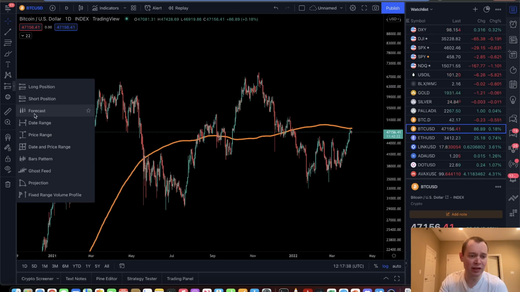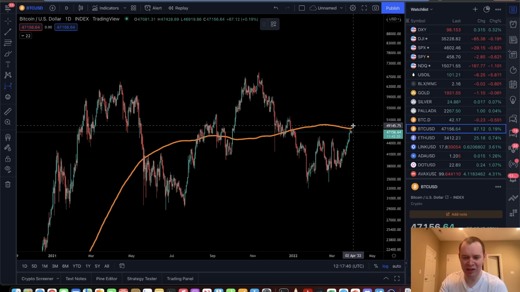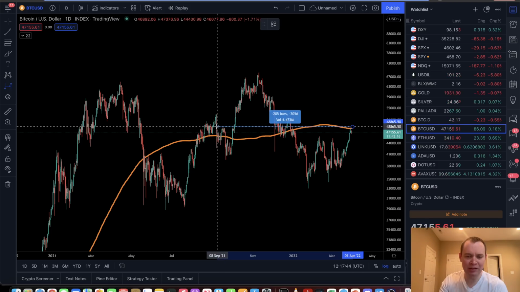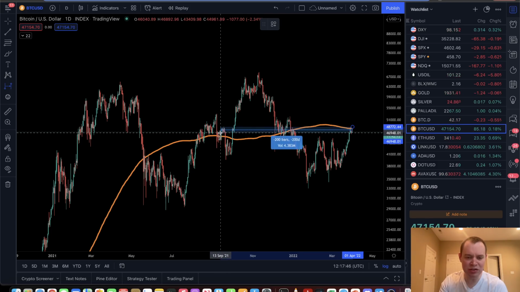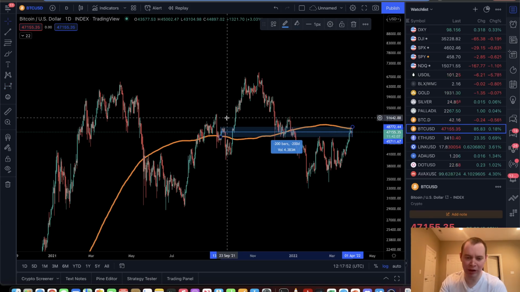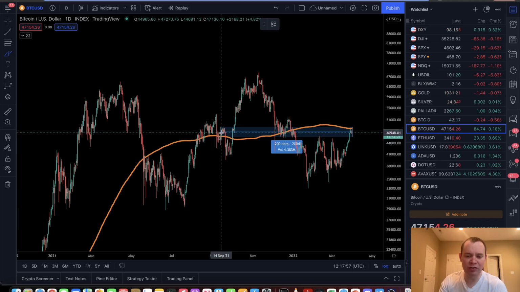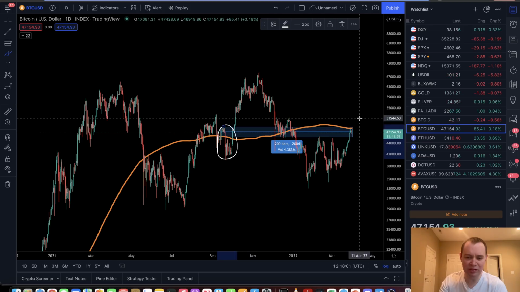Now, it's always useful to get an idea of what this moving average will be doing over the next couple of weeks, assuming the price of Bitcoin were to stay constant. What we can do is go back 200 days and see where the price of Bitcoin was 200 days ago. And you can see approximately 200 days ago, the price of Bitcoin was right around the current prices. Okay, so if you look at this though, over the next few days, we're going to be getting rid of some of these values and replacing them with some of these.